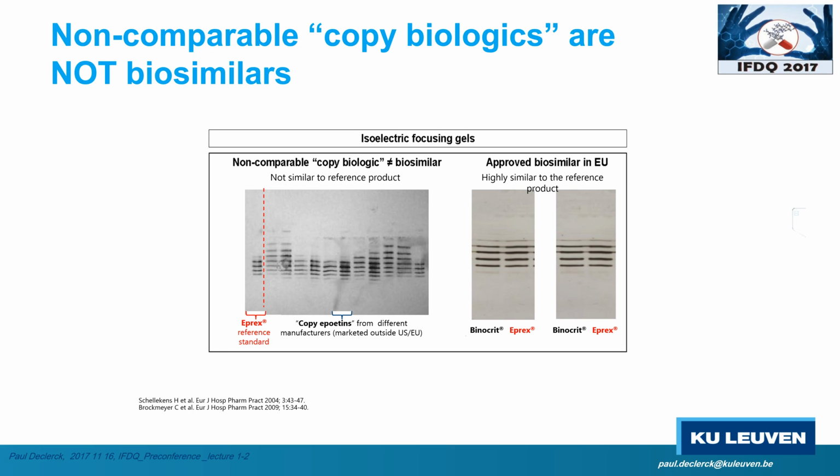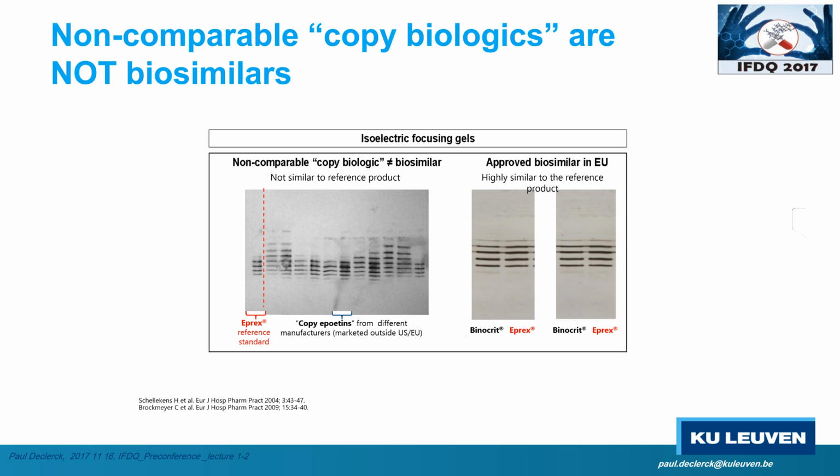If we look here very quickly, this is a biosimilar of Eprex, for which you see an isoelectric focusing. This pattern illustrates the different glycosylation forms very briefly, and you see that these different patterns, the approved biosimilar and the reference product, are very, very similar. You can see this very quickly.